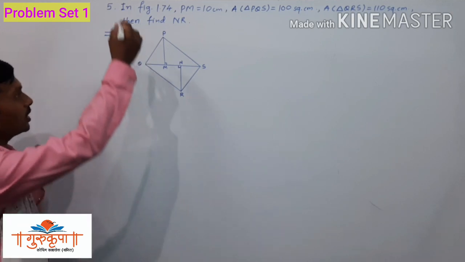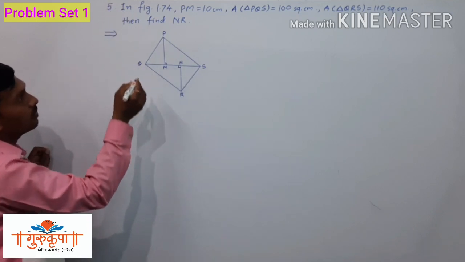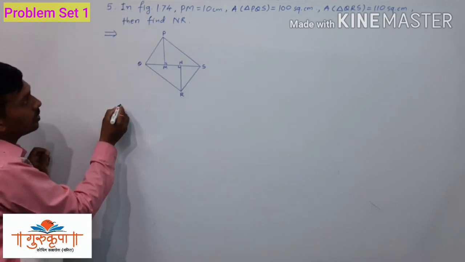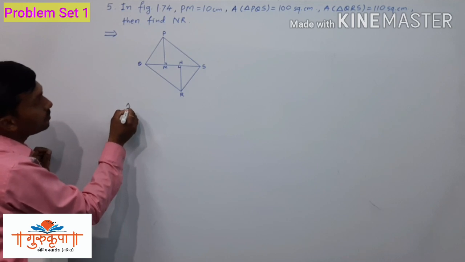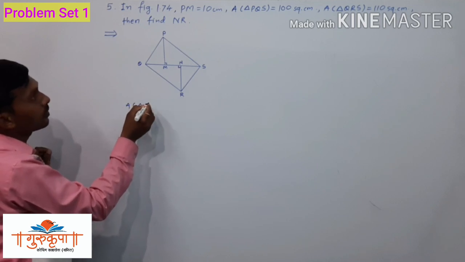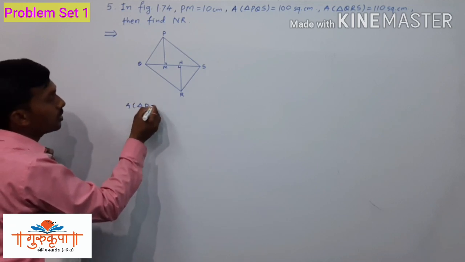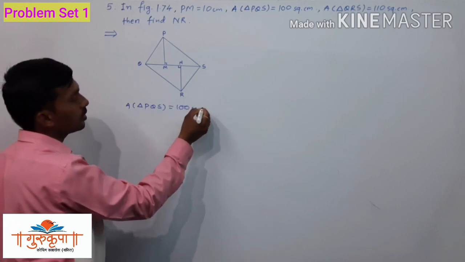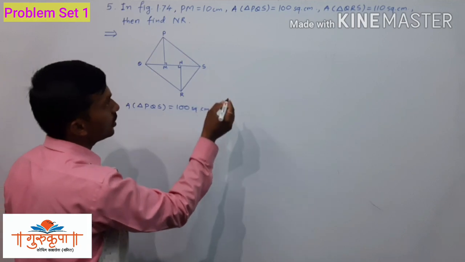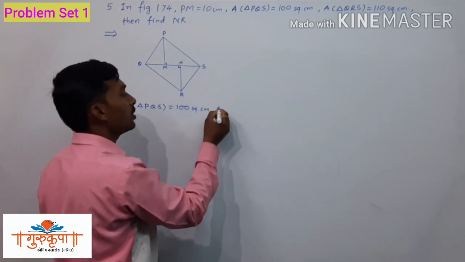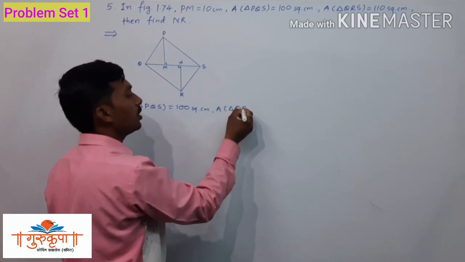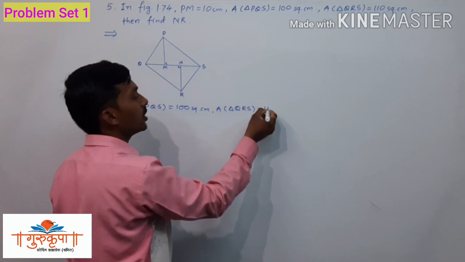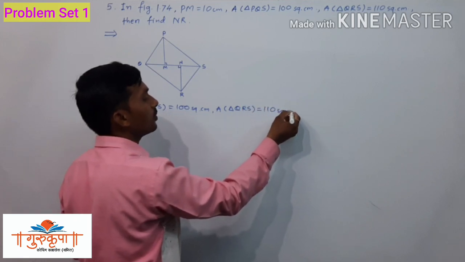So first of all we will write the information which we have available with us, that is area of triangle PQS is 100 square centimeter, area of triangle QRS is given 110 square centimeter.